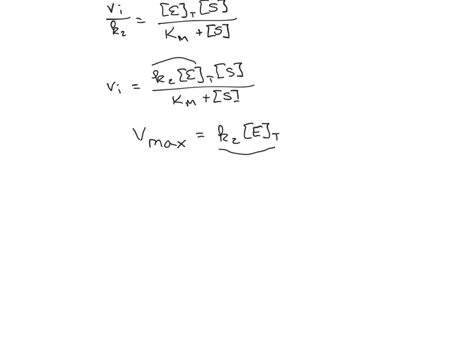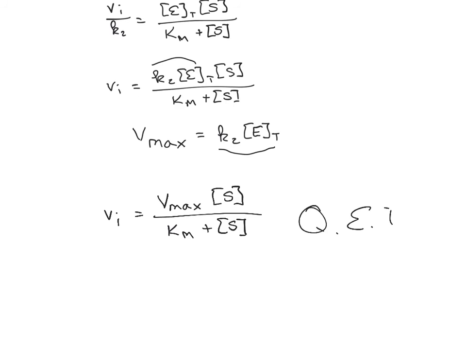So I can write my final form of this equation. Initial velocity equals Vmax times substrate concentration over Km plus substrate concentration, QED. Thus, it is demonstrated, but in Latin. So there is the Michaelis-Menten equation.